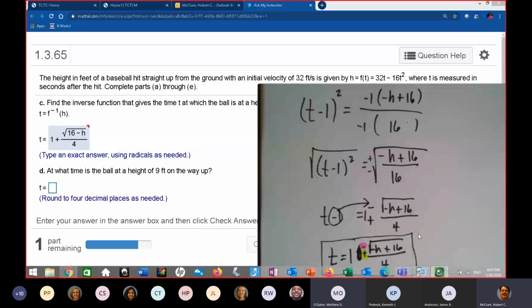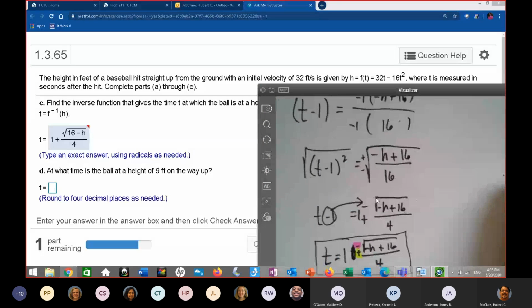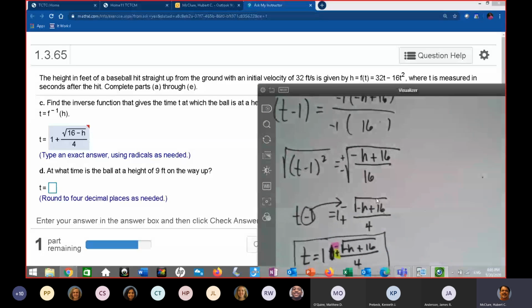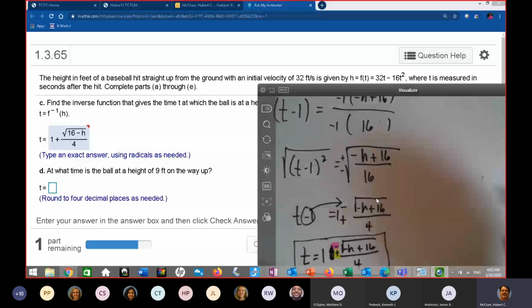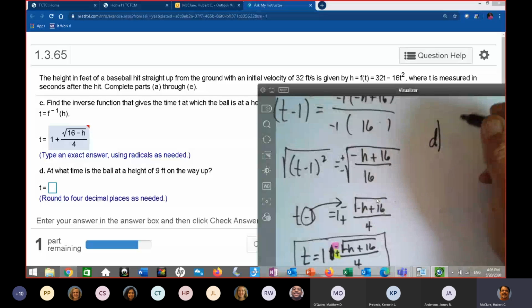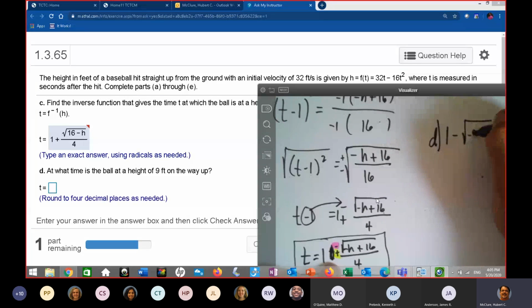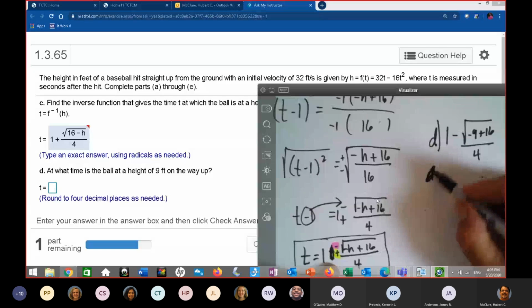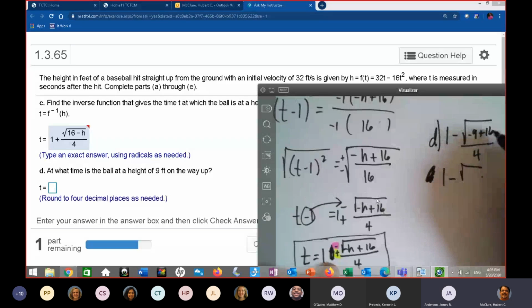I'm going to put D. And that's going to be 1 minus the square root of negative 9 plus 16 over 4. What is negative 9 plus 16? It should be 7. Yeah.